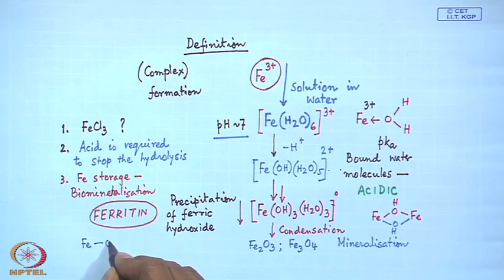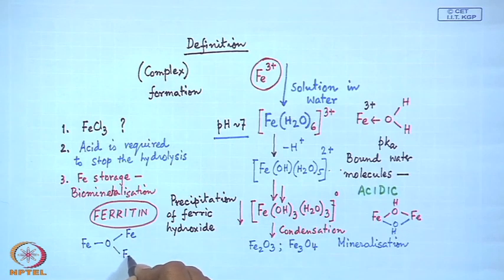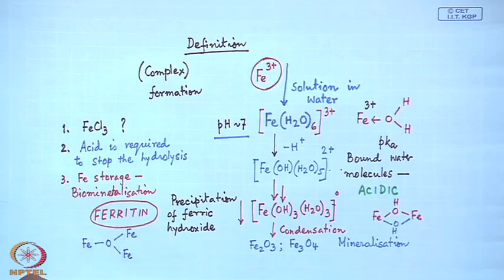So when it is forming oxide ion, the core can also be formed from a mu-hydroxo and mu-oxo bridge network. This is a mineral-like network which can be formed in the ferritin molecule.